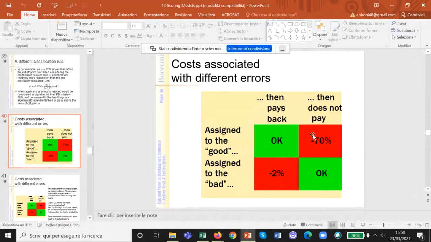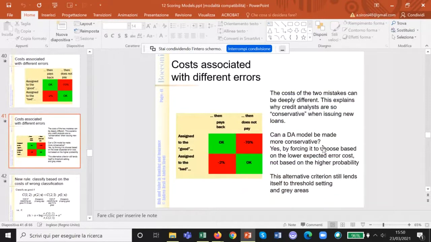Simply, I would lose the interest margin that I could have made by lending money to this company. If vice versa, I classify as good a company that is actually bad, then the cost is much more significant. It is basically the LGD, the loss given default, i.e. I'm risking much more than the foregone interest margin, okay? Therefore, because the cost of the two errors is very different, we could try to make our model more conservative by reflecting the cost of the two errors, okay?